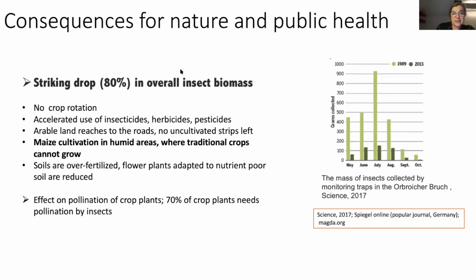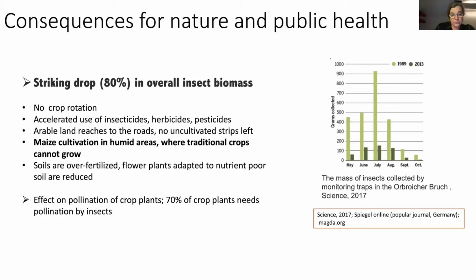We had, for example, a striking drop in the overall insect biomass. Here is a picture. They compared 1989 to 2013, and they saw that the insects they collected were incredibly fewer compared to 1989. They have no crop rotation anymore. They use insecticides and herbicides and pesticides.